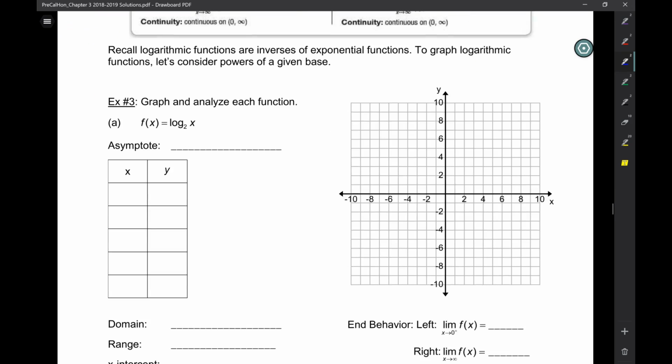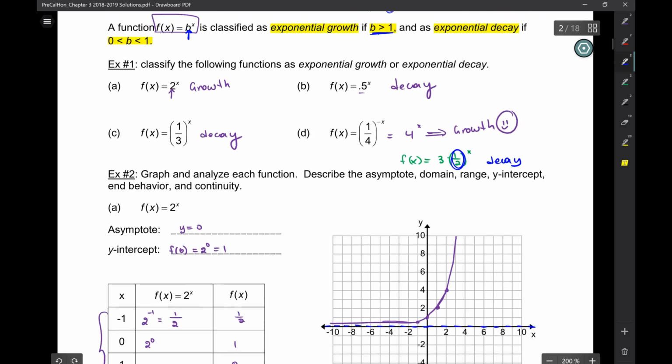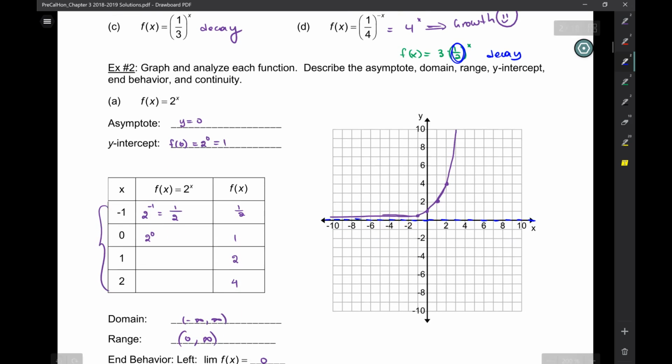So now, to graph logarithmic functions, we're going to use the properties of it. Go back to the very first thing we did. Look at these y values here. What's the y value here? 1/2. What about here? 1, 2, 4.